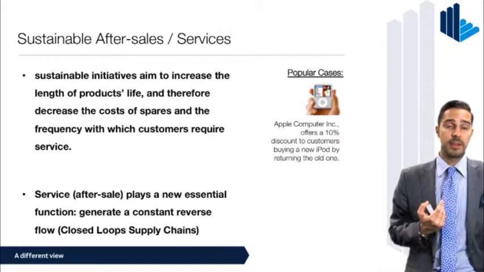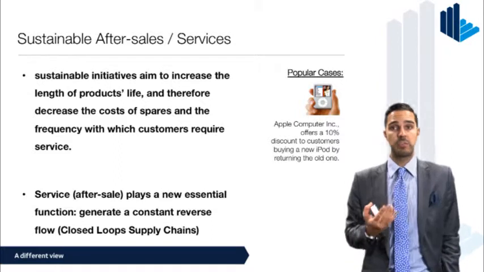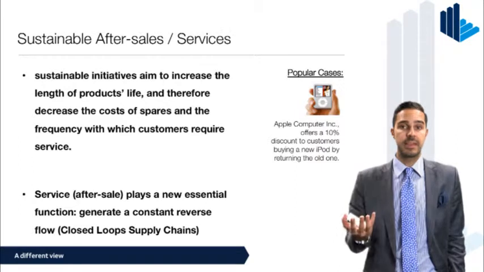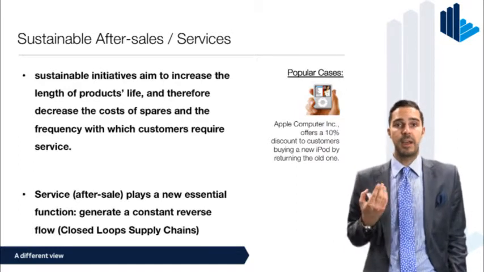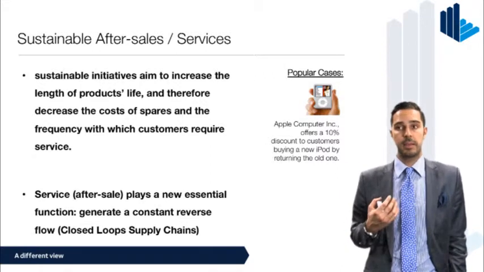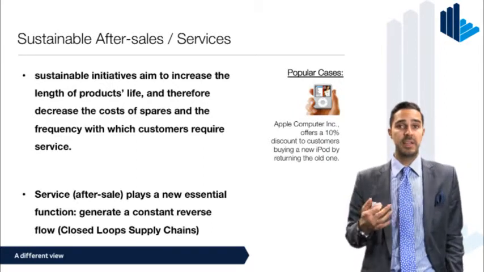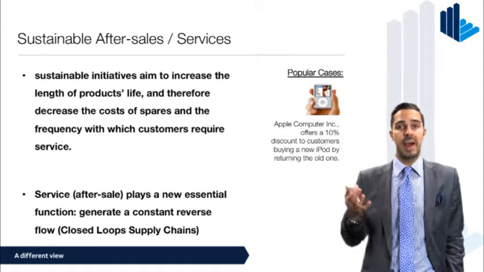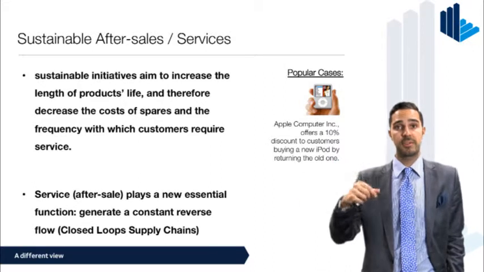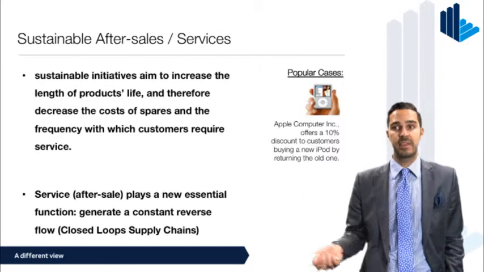Another process that is part of the value chain scheme and corporates do analyze is after sales. Now, after sales are becoming more important in the sustainability discussion, because often after sale units are the ones responsible for collecting products at the end of the life in order to recover, reassemble and recycle them.